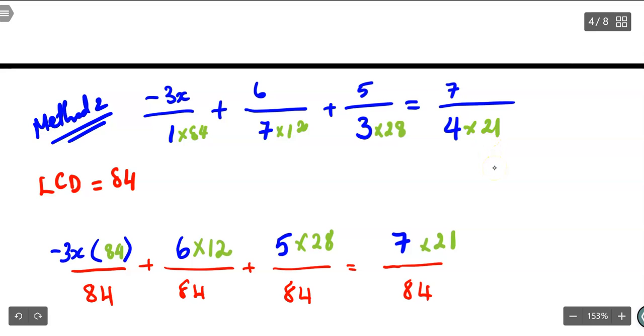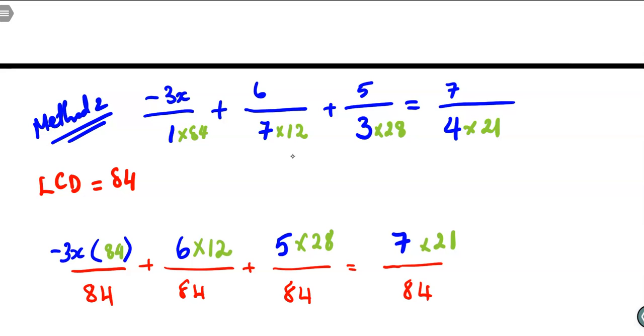I can show you a trick. Going from 7 to 84, you take 84 and divide it by 7. 84 divided by 7, I got 12.